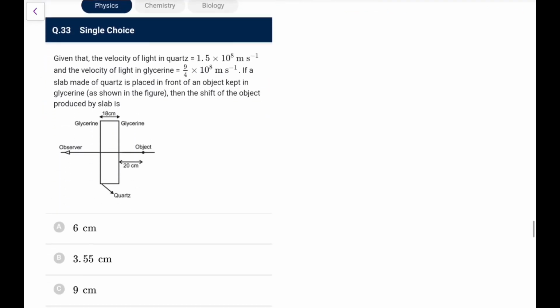Now, given that the velocity of light in quartz is given, and in glycerine is given, if a slab made of quartz is placed in front of the object kept in glycerine, then the shift of the object produced by slab is. So we again did this same question. I can directly say that shift is equal to T into (1 minus 1 upon n relative).